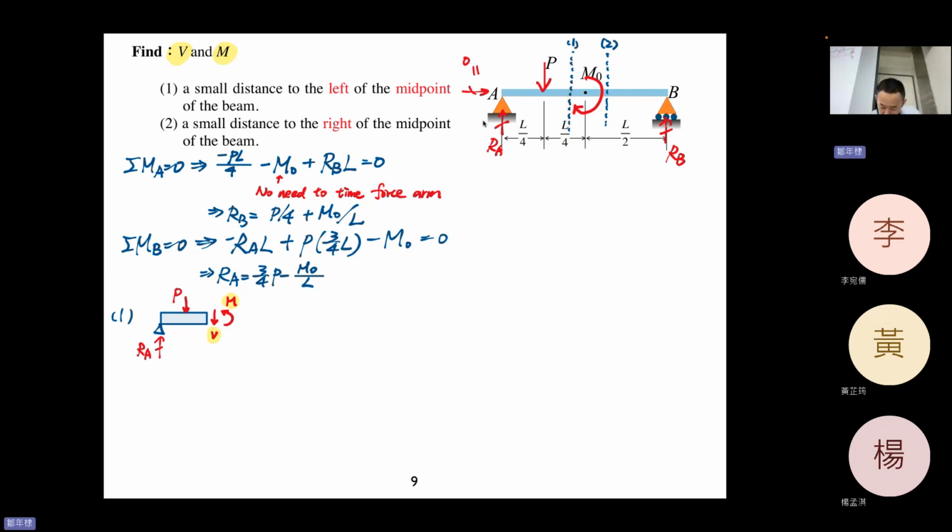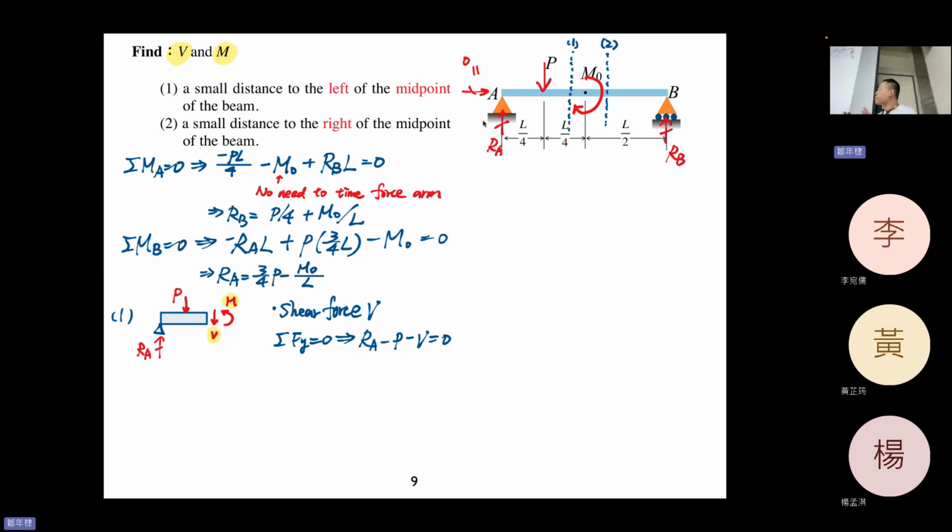Now shear force V. Sigma Fy equal to 0, so you have RA minus P minus V equal to 0. You see, this is really interesting. We say V is positive, but when we do the force balancing, it is downward, so it becomes minus. Did you see that it's a little bit confusing?